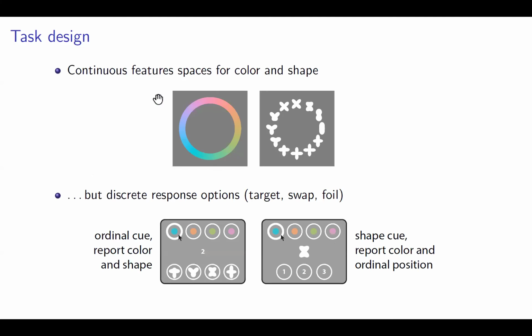We have some details on the stimuli that we used. They were taken from continuous feature spaces, a color ring, and parametrically modulated shapes. The reason I didn't want to use orientation here is because with orientation you can have a natural ordering.